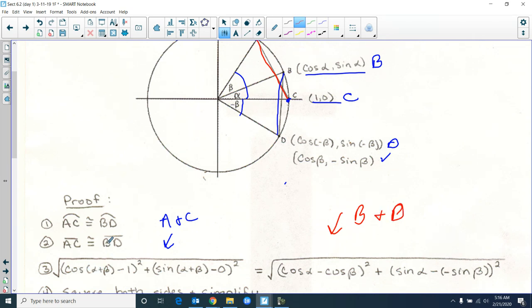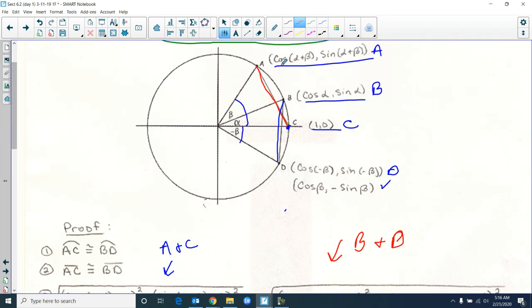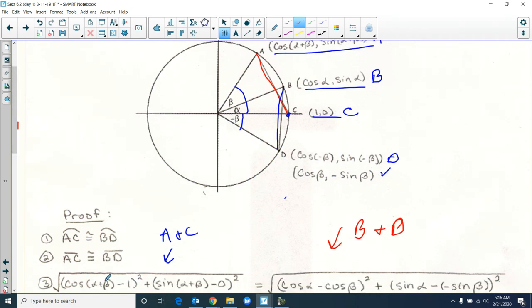Okay, so that's the x value, cosine of alpha plus beta, which is right here, minus 1. And then that's x2 minus x1 squared plus y2 minus y1 squared.